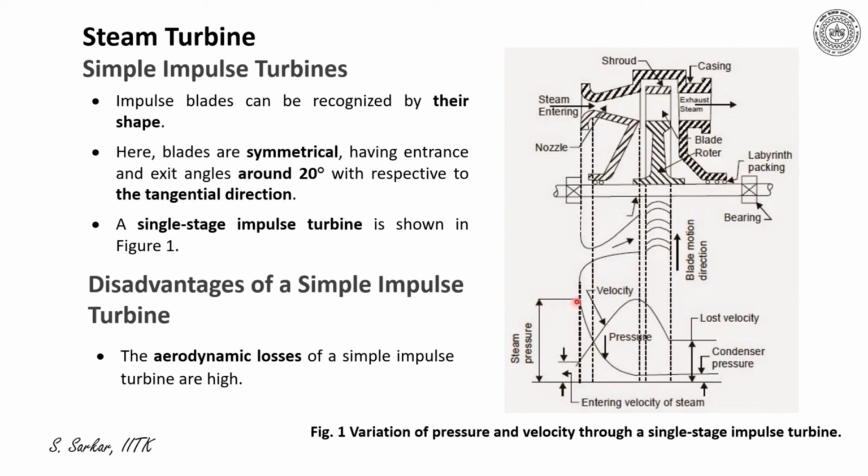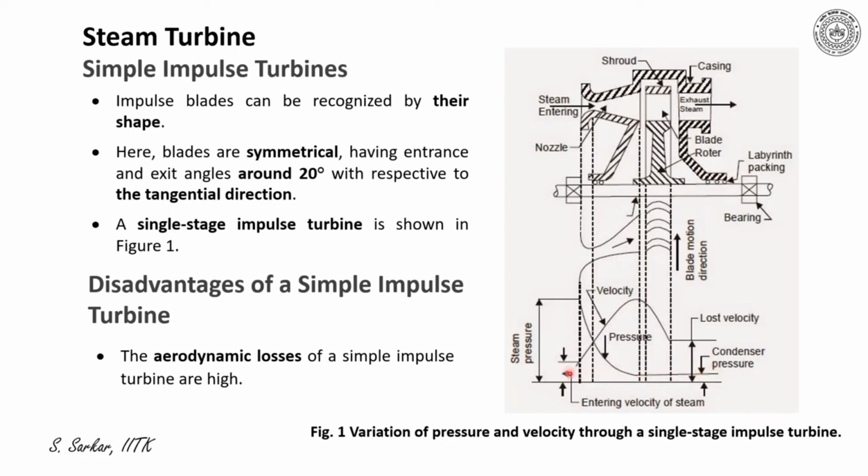Now, within the nozzle, pressure would decrease. All the drop of enthalpy and the pressure would occur within the series of nozzles. After that, the pressure would remain constant. So within the rotor, the pressure remains constant.